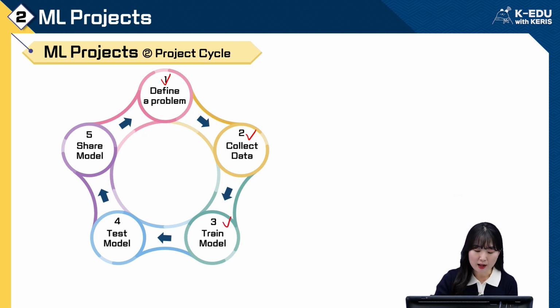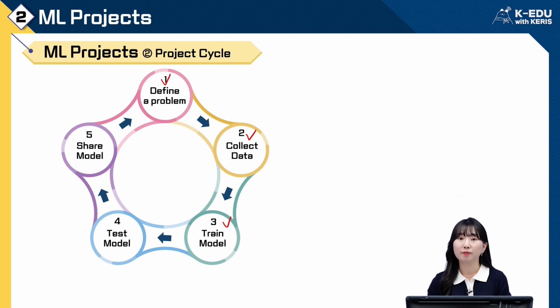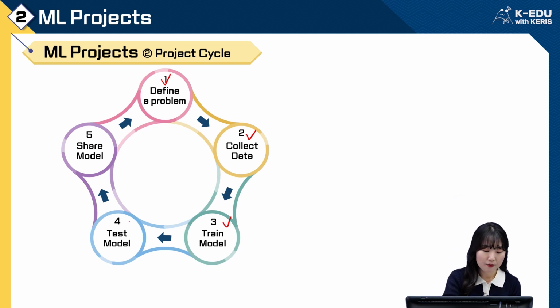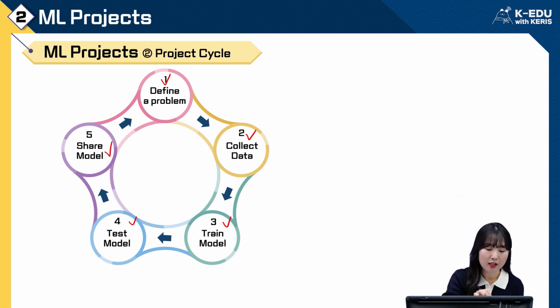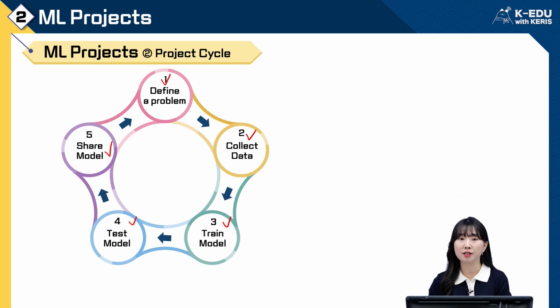And the third step is to train the model. Based on the training data, the machine identifies the pattern of the data. And fourth step, test the model. The performance of the model is tested with new data, which is called test data. And the last step is to share the model with others. The project does not end in a linear cycle and has a cyclic structure that continues to be repeated.